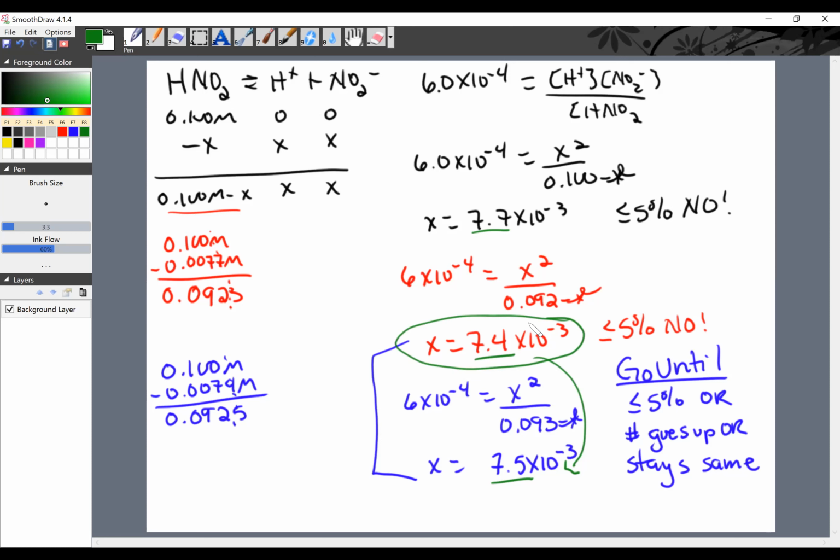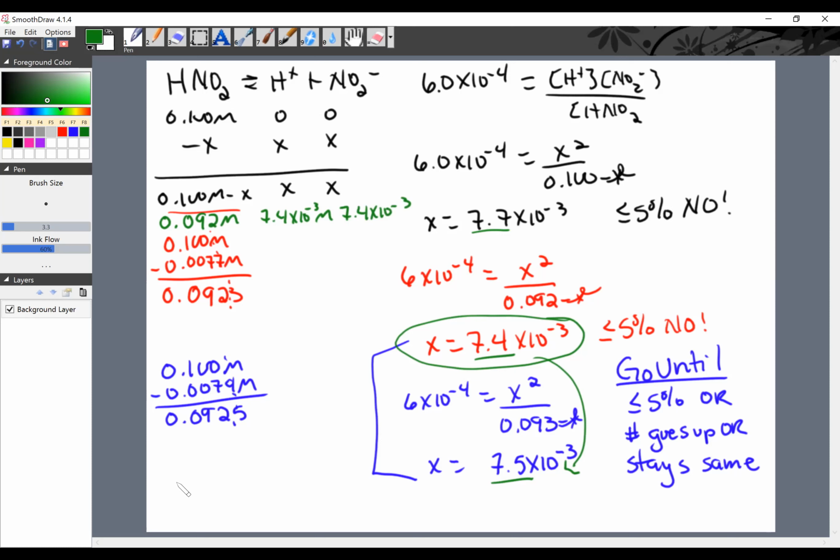Wow, after all that, what in the world was I even looking for? I'm looking for the pH. So I'm going to go plug those numbers in. So this one is going to be 0.092 molar, and this one is 7.4 times 10 to the minus 3. And 7.4 times 10 to the minus 3.